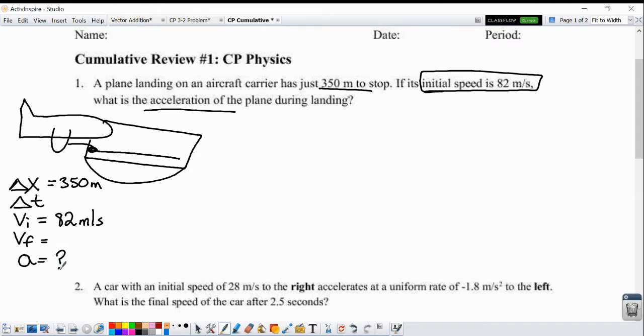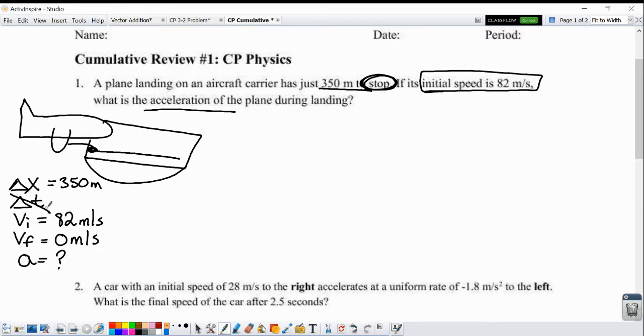It looks like we're missing some information here, but there's some information that's in the form of a word. A plane landing on an aircraft carrier has just 350 meters to stop. So if I'm going to come to a stop, I'm going to be going 0 at the end.